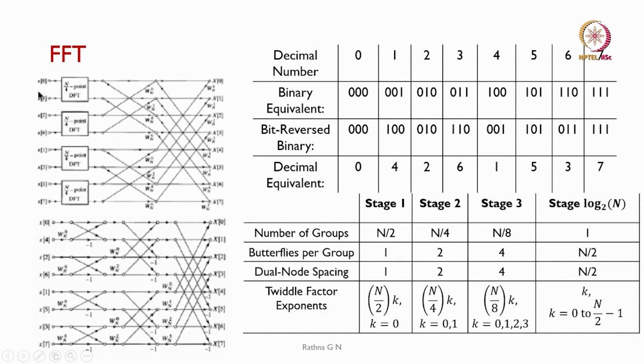If the input is bit reversed, the output is in line, and if the input is in line, then the output is going to be bit reversed. So, how are we going to access it?